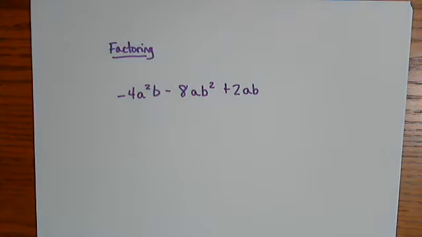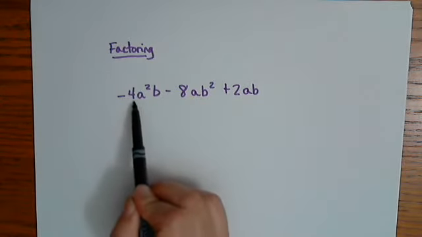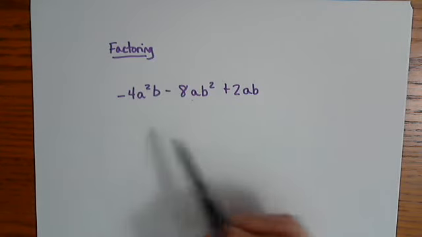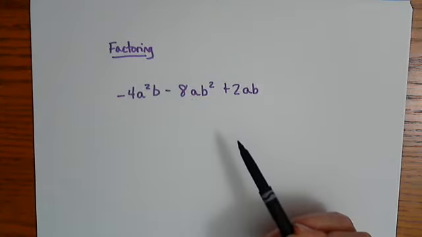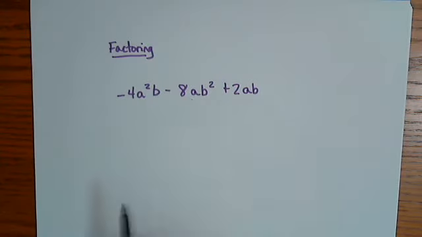And in order to factor this, I want to find the greatest common factor, that is the greatest number that is common, which means it's going to occur in all of my terms.